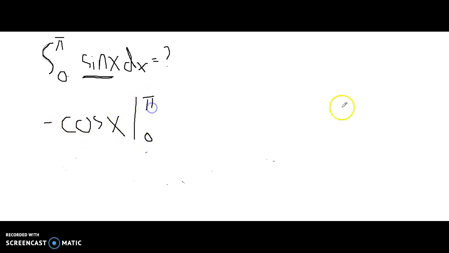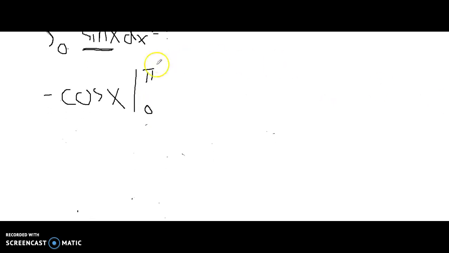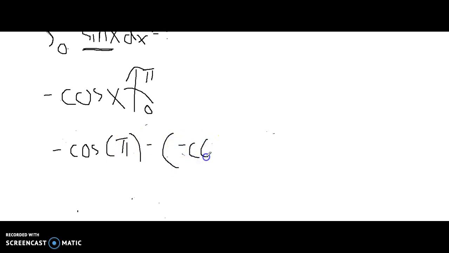Simple enough. And like before, we're just going to plug in pi into this x, and then 0 into this x. So we're going to get negative cosine of pi minus negative cosine of 0. So what cosine of pi is going to be, let me just quickly draw this out for you guys.